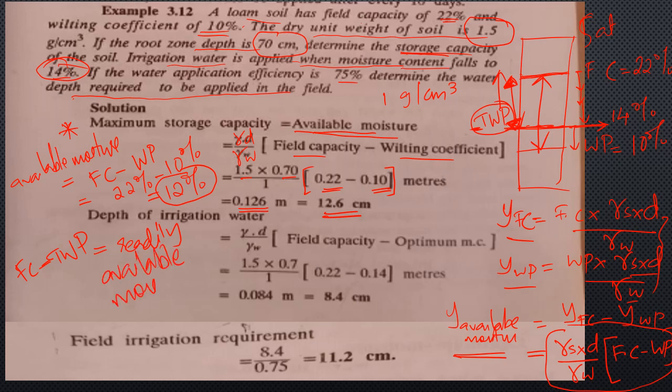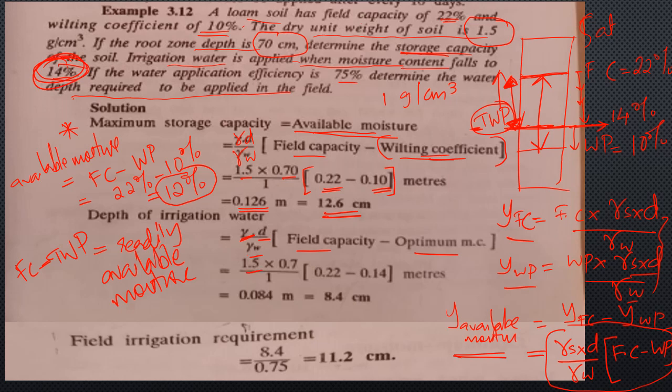Next we have to find the depth corresponding to readily available moisture. Simply substitute the value of temporary wilting point in the same equation: gamma into D divided by gamma W into field capacity minus optimum moisture content, that is the moisture content at which we provide the next irrigation, given as 14% in this question.